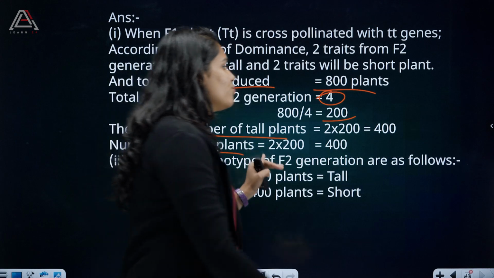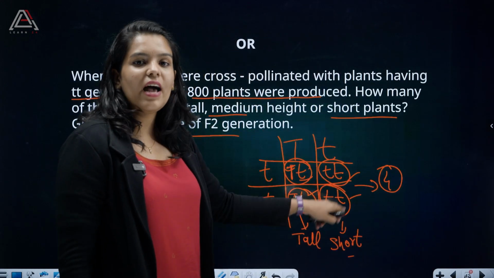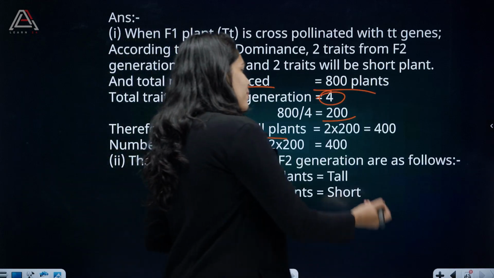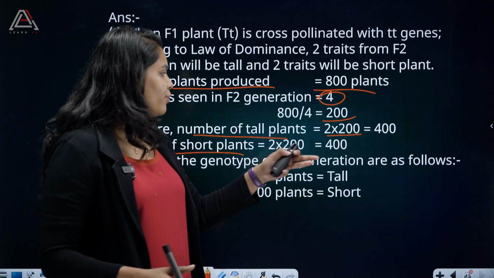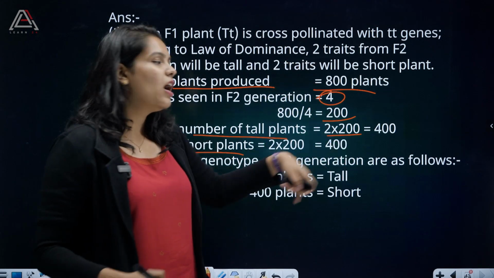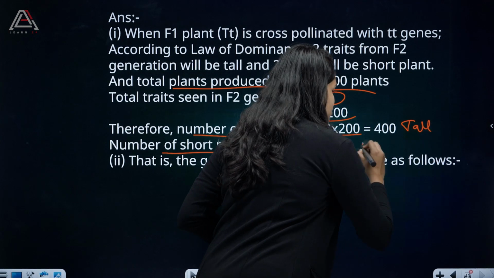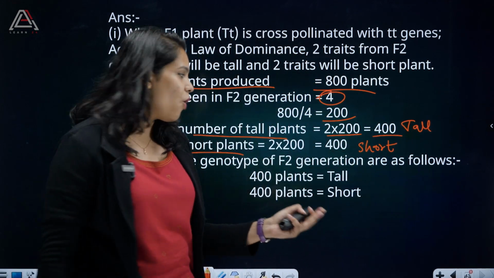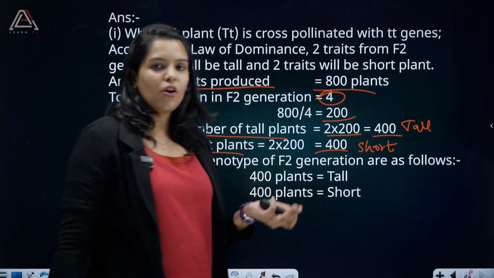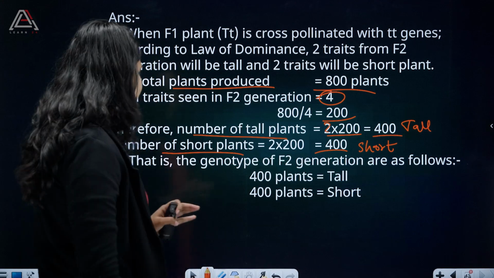In this cross, you saw that 2 plants were tall and 2 plants were short. So multiply that with 200 and you will get how many plants are produced as tall and how many as short out of 800. So here you can see 400 are tall and 400 are short. Just calculate it by putting 2 into 200, right? You will get the answer.